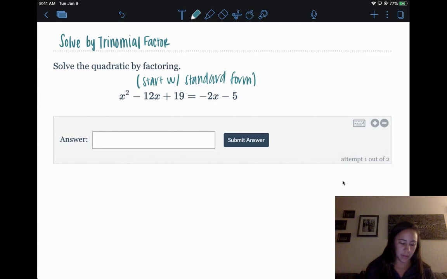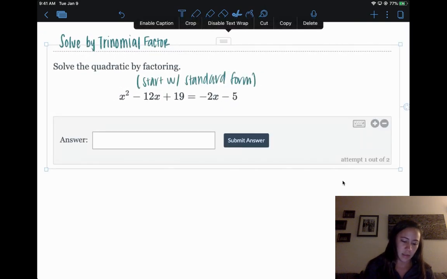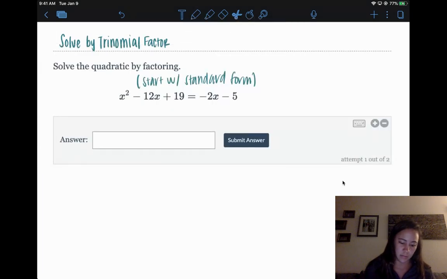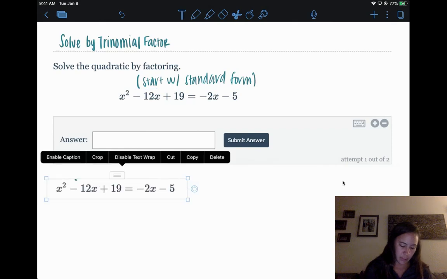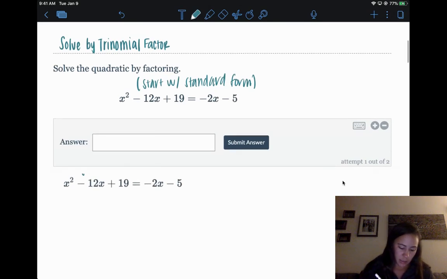I have enough room down here to write it, so let me cut and paste this down here for us. Let's write this in standard form first. Let's get everything to one side. Let's start by adding our 2x to my negative 12x.